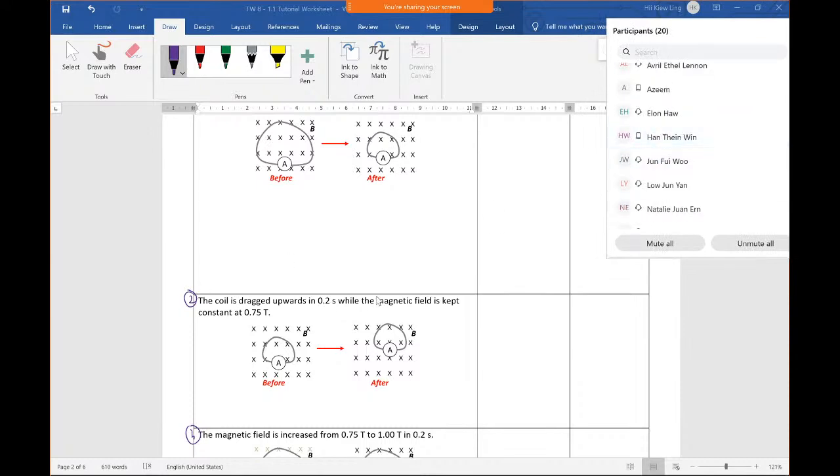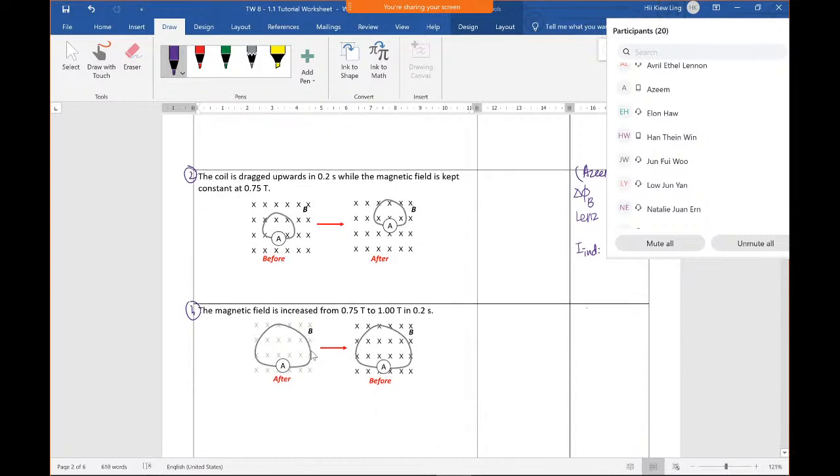So question 2, what you have to do is tell me the direction of the induced current. Question 2, Azim, you have to tell me the direction. Question 3, Ilan.